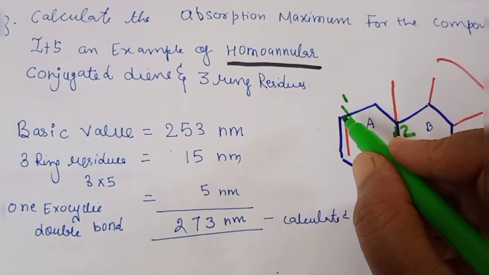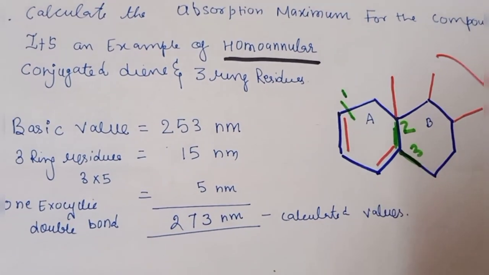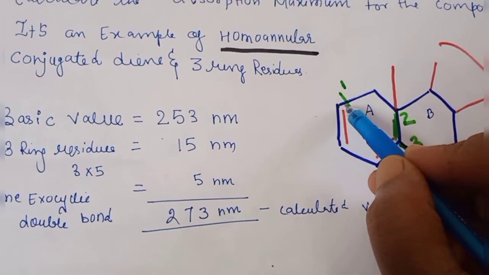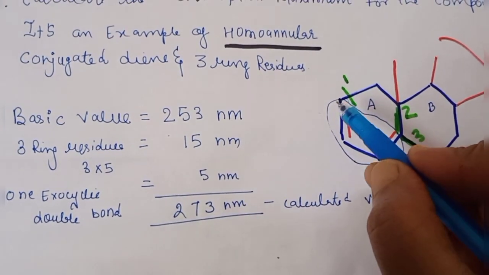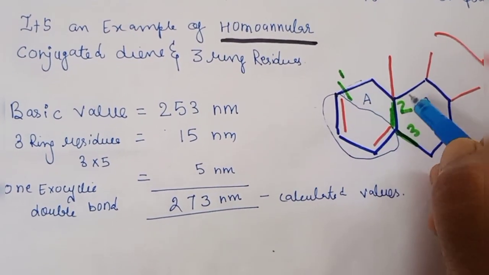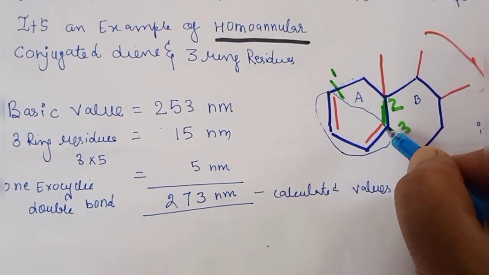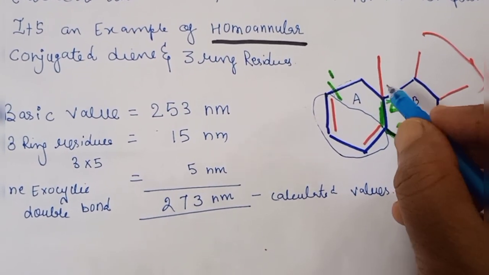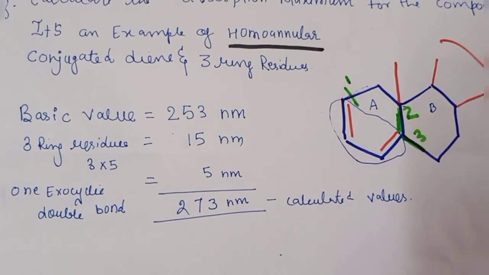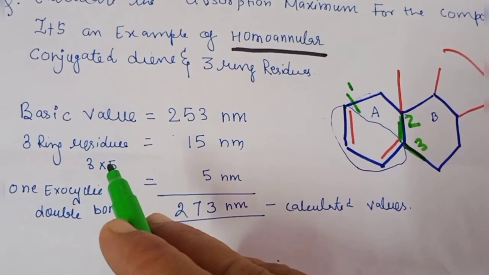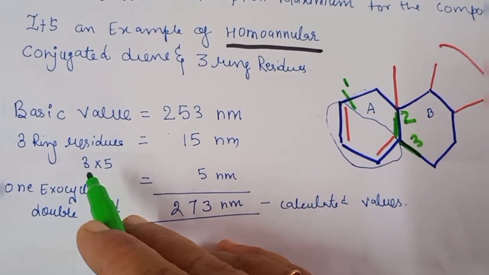Clearly you can understand, this is our main system, this is our main homoannular diene system. So first ring residue is this one, second ring residue, and third ring residue. After this bond, whatever is attached is a part of your compound system. So for one ring residue, it's multiplied +5, so multiplied by 3, 15.